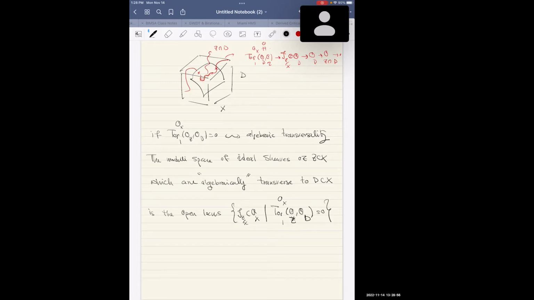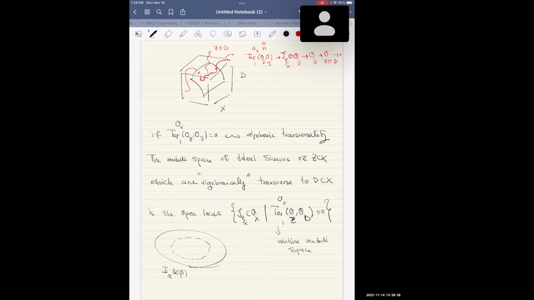So if you look at the whole moduli space of ideal sheaves with certain Chern character and some curve class beta, then there is an open locus inside here, which is the moduli space of those sheaves with this transversality condition relative to D. So this is actually called a relative moduli space.